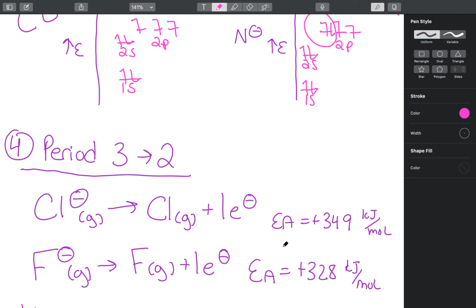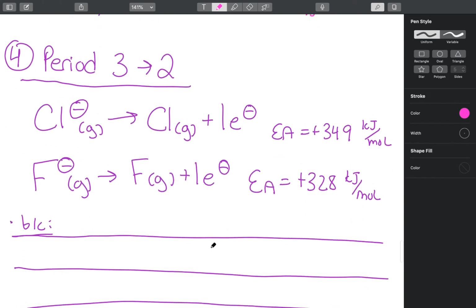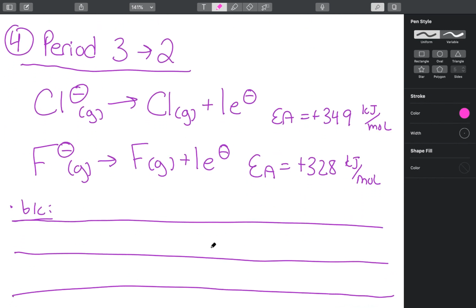So why is this the case? Why is the electron affinity associated with fluoride, which is in period 2, less than the electron affinity associated with chloride, which is in period 3? Well, it actually has to do with the size of the atoms.